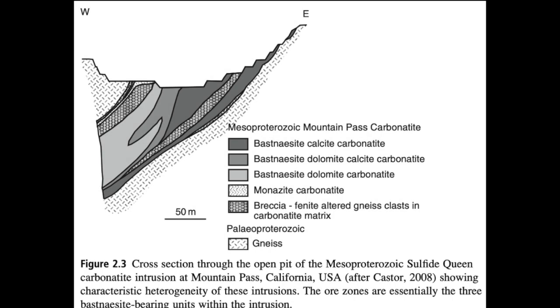Intrusive carbonatites occur most typically as roughly cylindrical, composite, approximately pipe-shaped, steeply plunging stalks of up to about 3 kilometers in diameter. However, they can also occur as irregular lenticular bodies as seen in the figure over here.